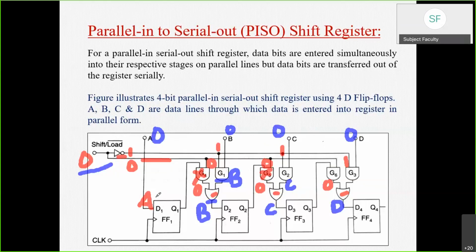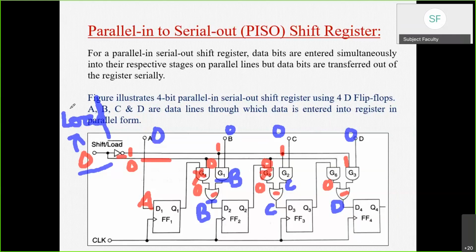That means whatever the value of ABCD is will be fed directly into the inputs of these flip-flops. So when shift/load becomes 0, you are working in the load mode. In this mode, the data bits ABCD will be simply stored in the flip-flops. They will appear at the inputs of the flip-flops.